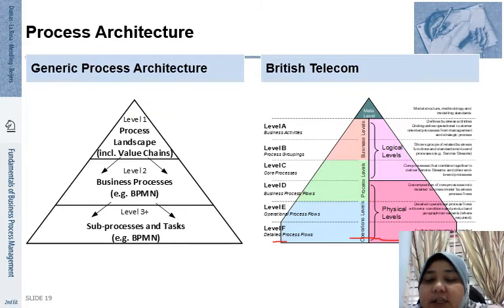It is a core process, where core processes combine together to deliver service streams and other end-to-end processes. Even higher, level B, process groupings, and then level A, business activities, has entered the business level. At the very top is the meta level.